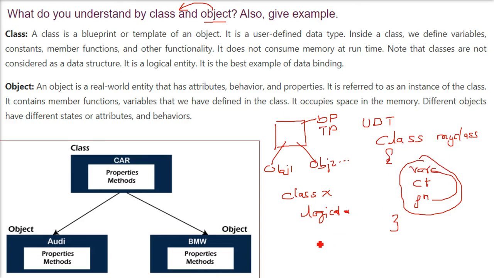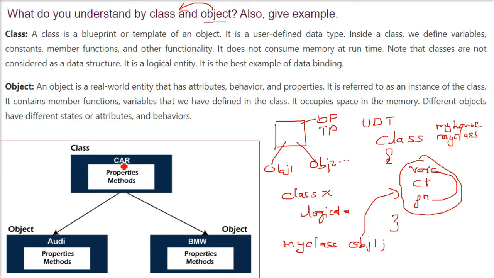Now coming to object. Now when I created this class, I can make the object. I can use the blueprint and template, and now I can create the objects. An object is a real world entity, mimicking or presenting the actual real world entity that will have attributes.